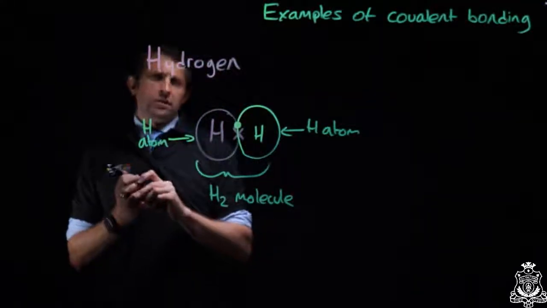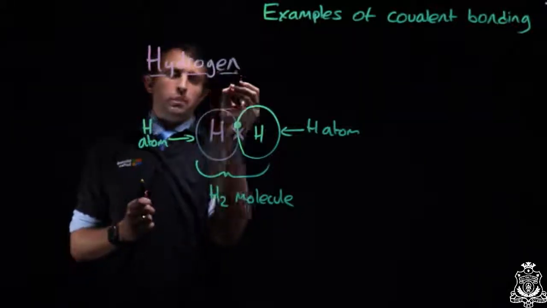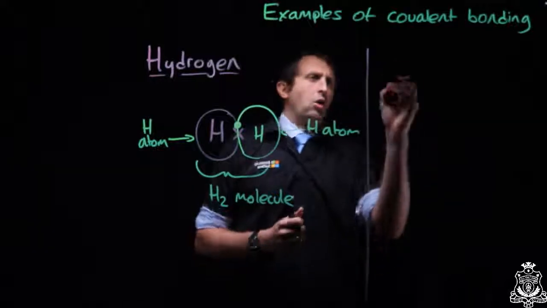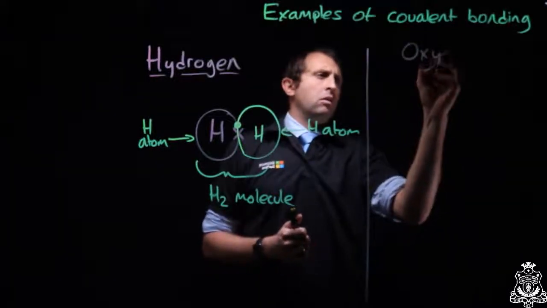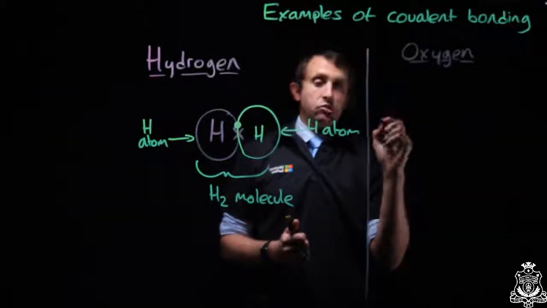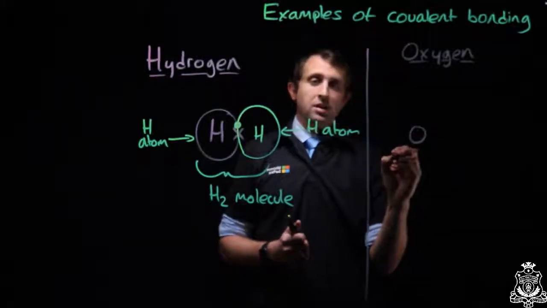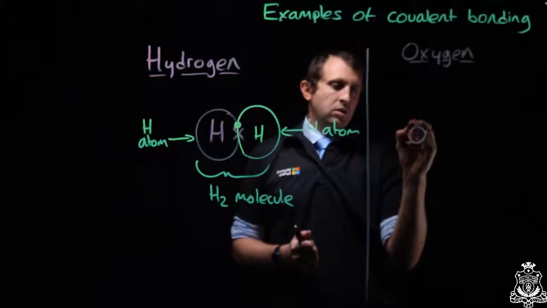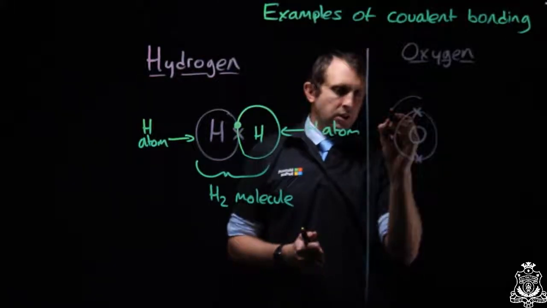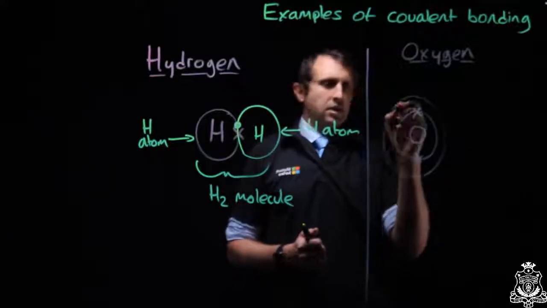Let's have a look at another example where we might involve more than 1 pair of electrons. Let's have a look at oxygen. Oxygen is group 6, so it has 6 valence electrons. So first shell has 2, second shell has 6.